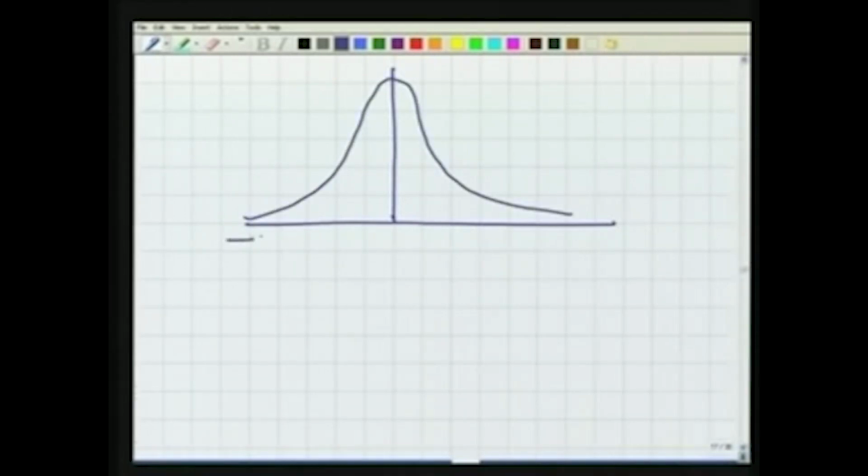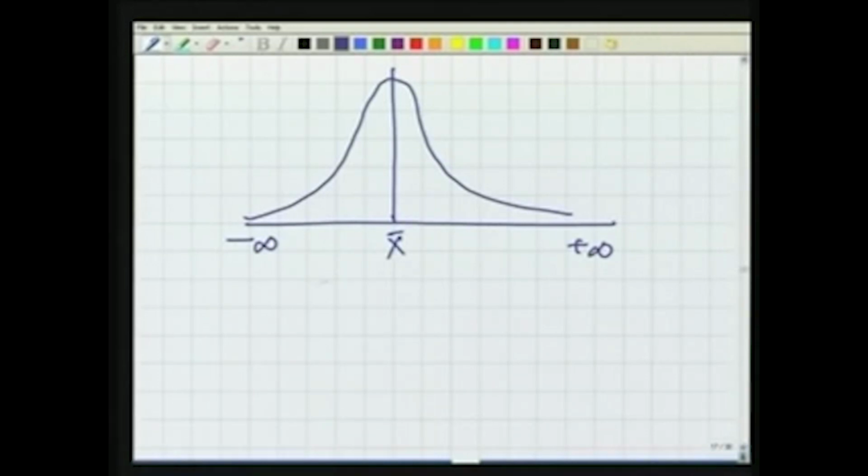I am going to draw the same error distribution, or the normal curve, again, from minus infinity to plus infinity, and thus our x bar, the most probable value.